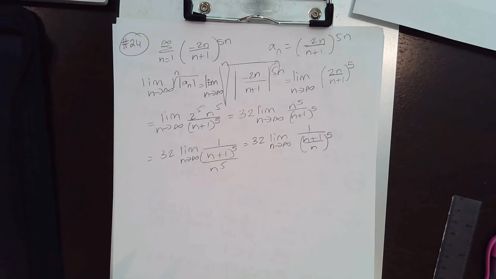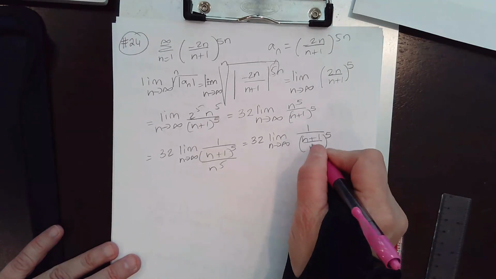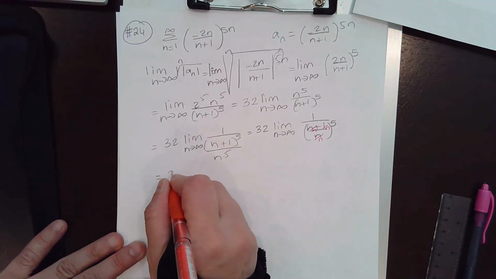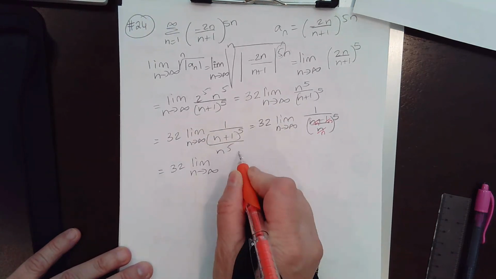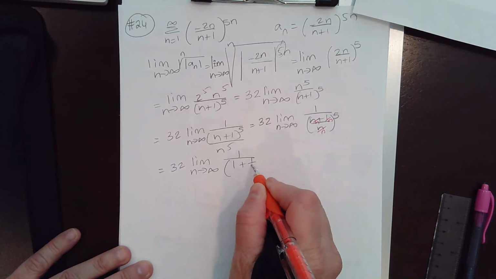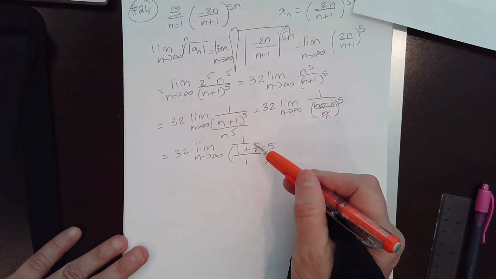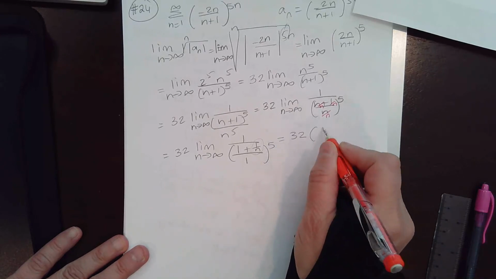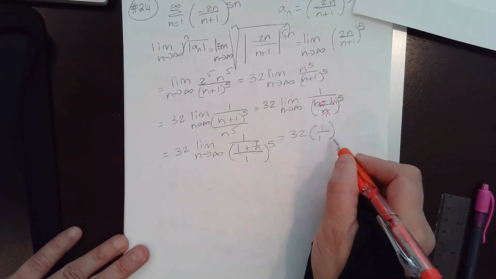Okay. Now we're dividing this by n. What do I get? I get 32 times the limit as n approaches infinity of 1 over (1 plus 1 over n) to the 5th power. So this 1 over n is going to approach 0, and you're left with 32 times 1 over 1 to the 5th, which is 1, so the answer is 32.